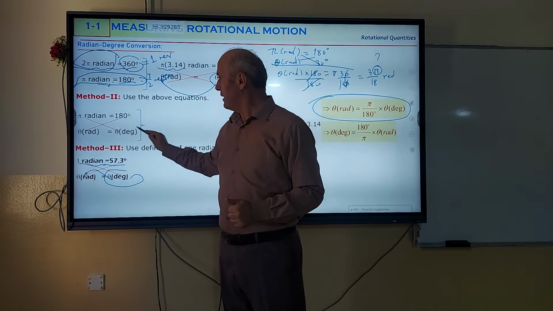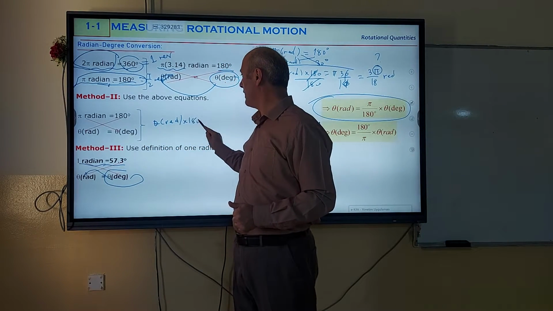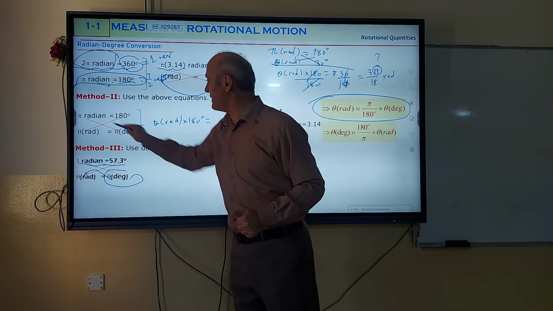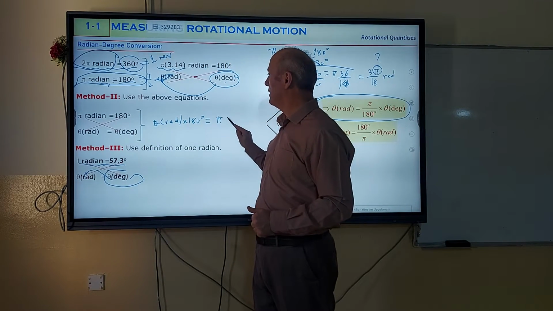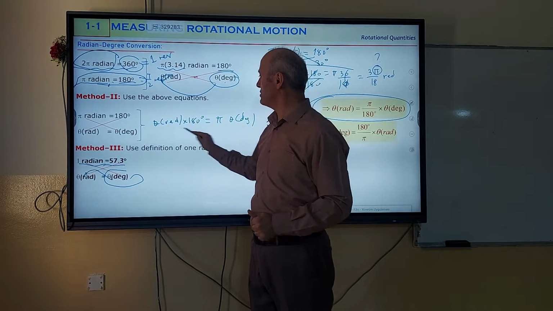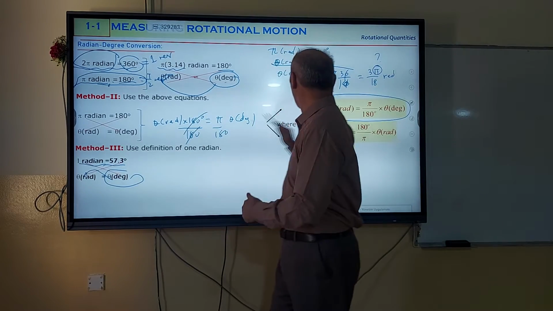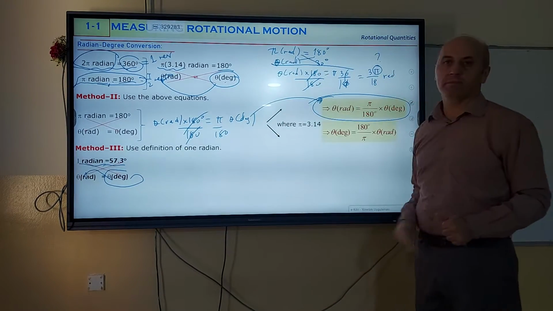How? Angle in radian times 180 degrees equals pi radian multiplied by the angle in degree. Then I simplify by dividing by 180, so we get this equation.